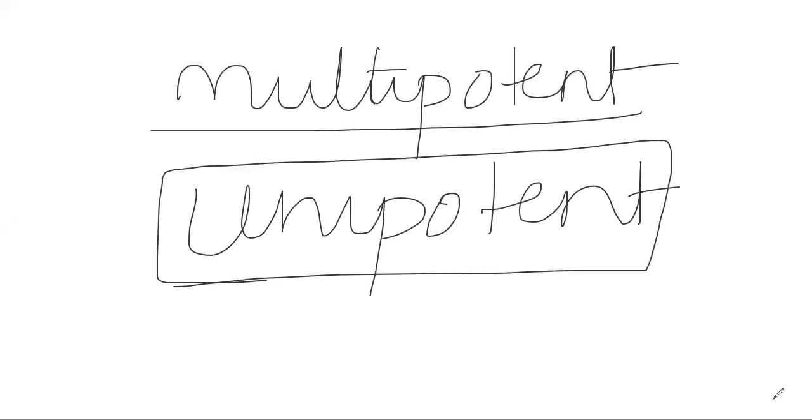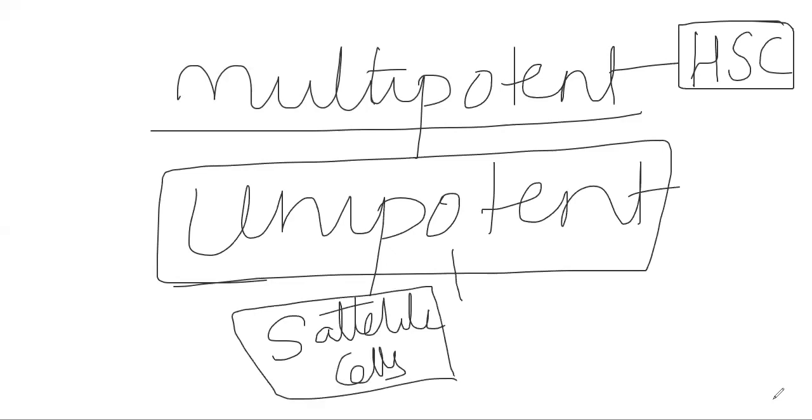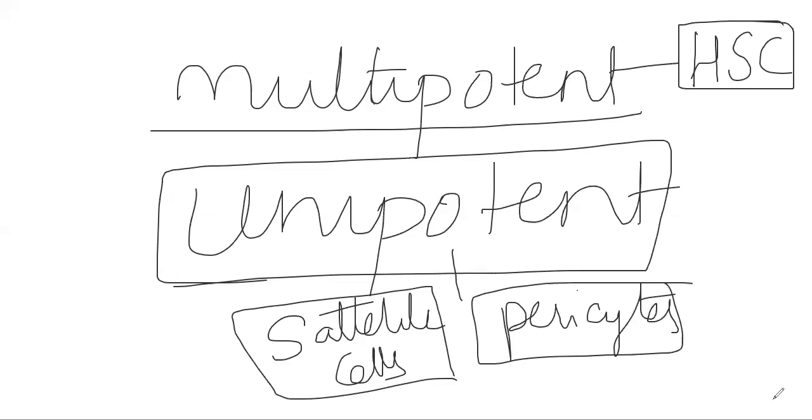Hemopoietic stem cells, which form all the blood cells, are the best example for multipotent stem cells. Unipotent, you may have learned in your earlier classes. In muscular tissue, satellite cells are responsible for the formation of skeletal muscle fiber. Pericytes are the regenerative cells of the smooth muscle fiber. That means pericytes are meant only for smooth muscle fiber. What do you say them as? Unipotent stem cells.